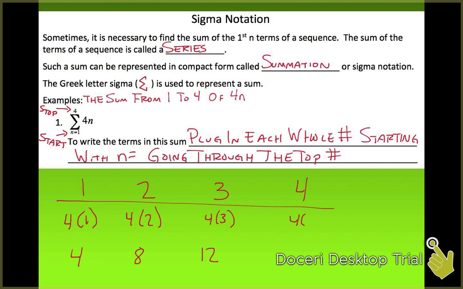And we have 4 times 4, which is 16. The difference is now, instead of just leaving them in a sequence like that, a series puts plus signs in between them. So 4 plus 8 plus 12 plus 16 actually gives us 40, which is what our answer would be. So the sum from 1 to 4 of 4n is 40.